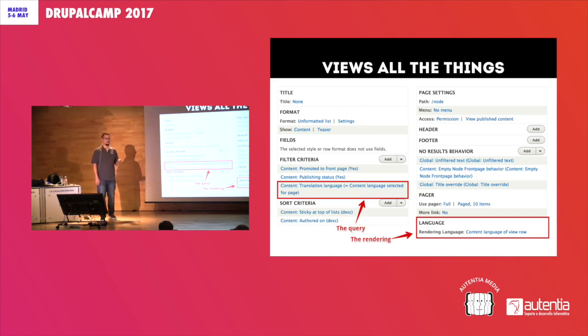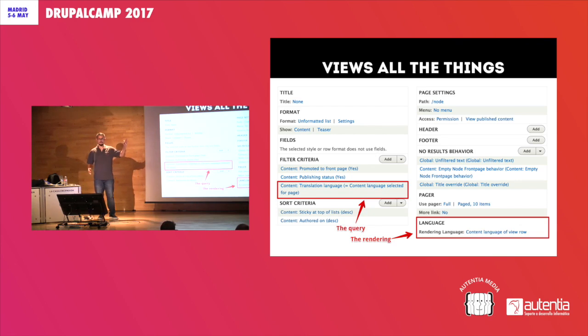But as you may know, Views is in core now. So you have a really powerful API for building your sites, but probably you can do anything with Views. In Views, language has been integrated too.